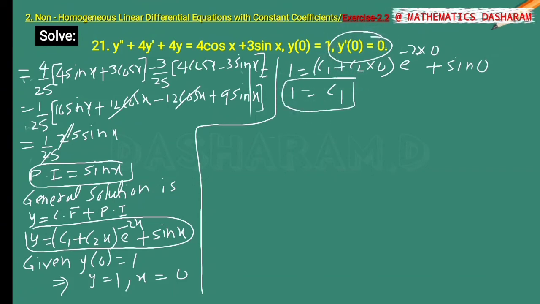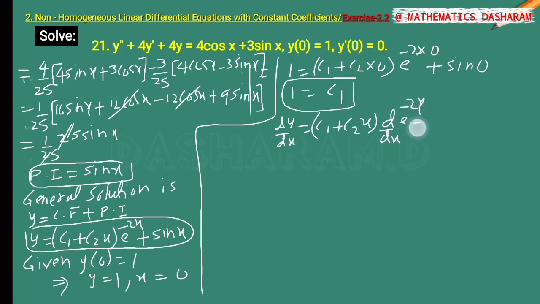Next, one more value is given, y dash, which means derivative. Let's take the derivative of the general solution. Here apply the u into v formula. c1 plus c2 into x, d by dx of e to the power of minus 2x, plus e to the power of minus 2x into d by dx of c1 plus c2 into x, and the derivative of sin x is cos x.